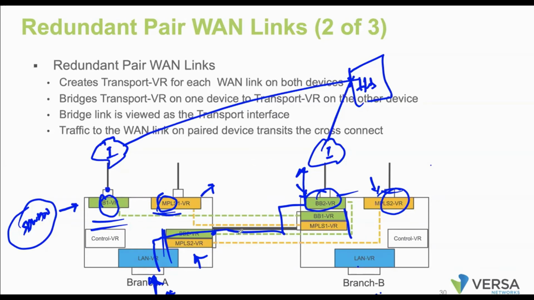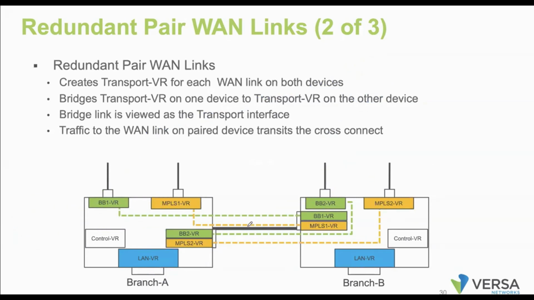In the earlier case, there was an active passive scenario where we connected the pair link between the devices. In that case, inter-chassis, there is no extension of these transport VRs.